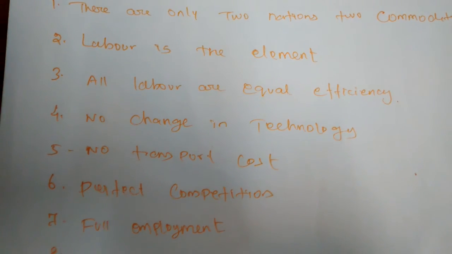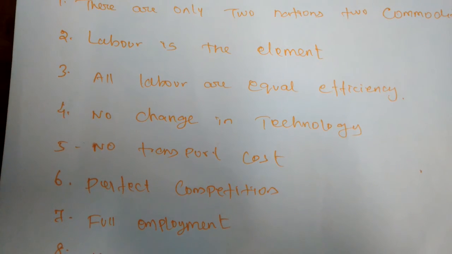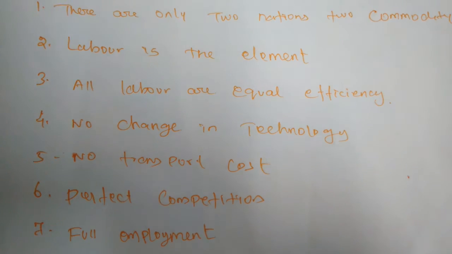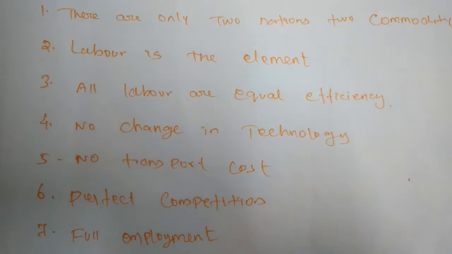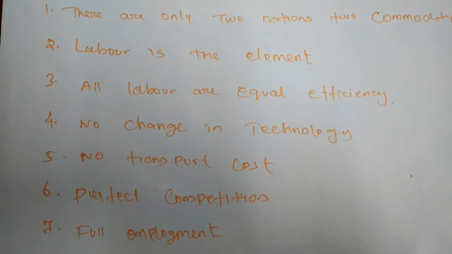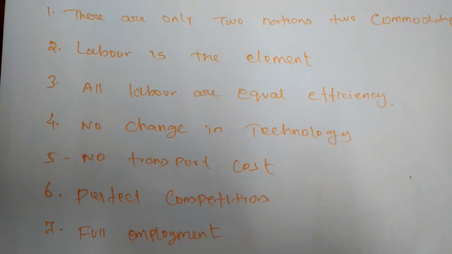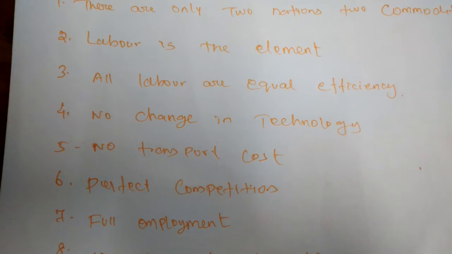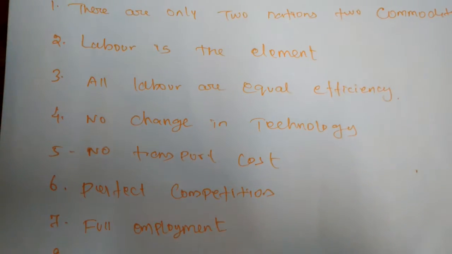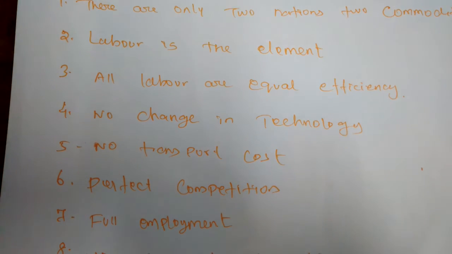Next, production is subject to the law of constant returns, which means even if the labor increases, only constant returns will be obtained. Foreign trade is free from all barriers: no tax policies, no restrictions.